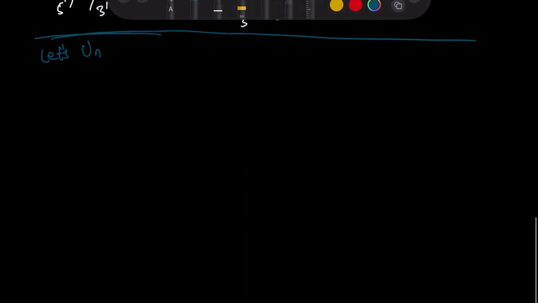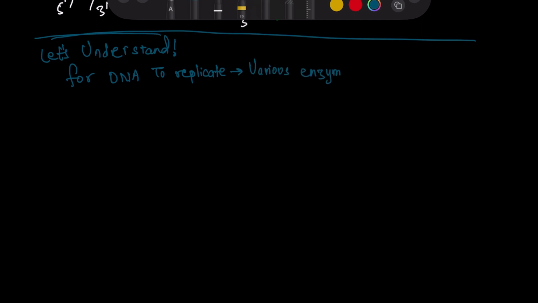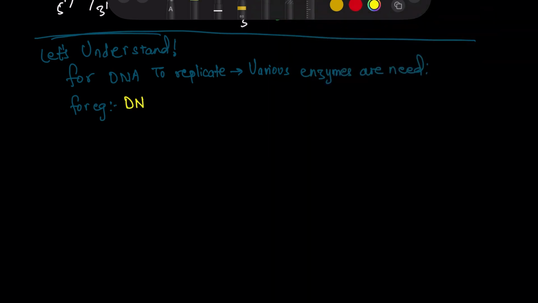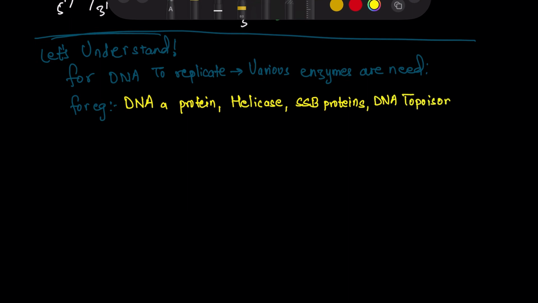Let's understand. For DNA to replicate, various enzymes are needed. For example, let me write in a bright color, right? DnaA protein, helicase enzyme, you can say, because enzymes are also proteins, you know that, right? Then SSB proteins, then DNA topoisomerases, then what we need is DNA polymerase, right?